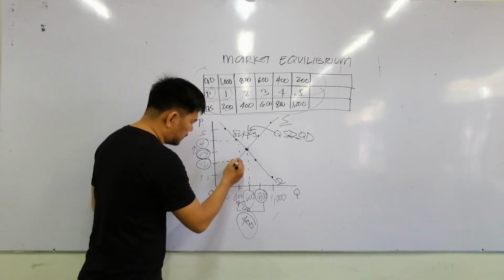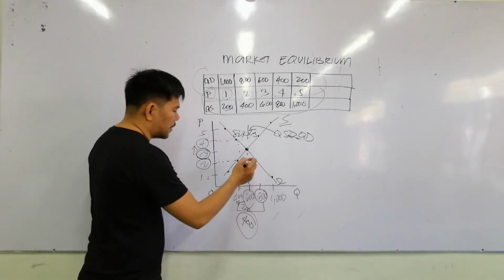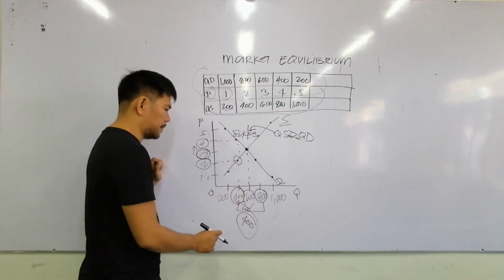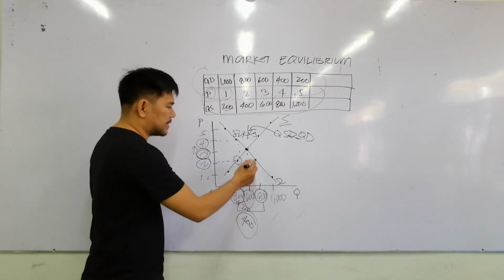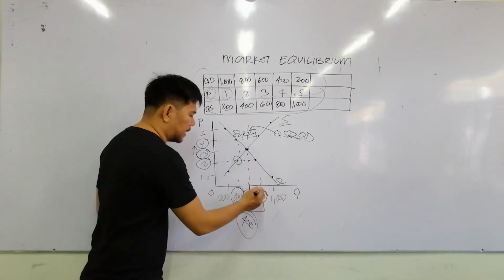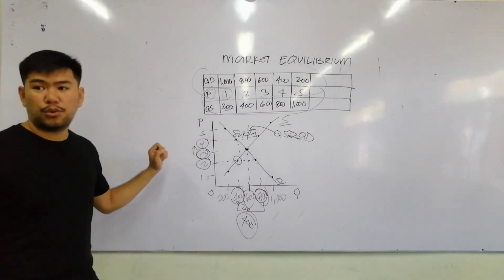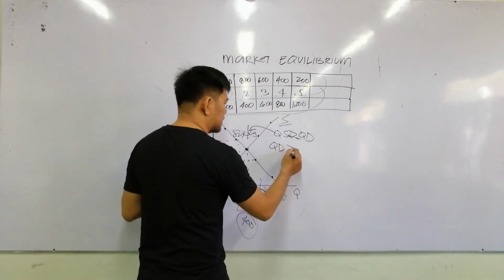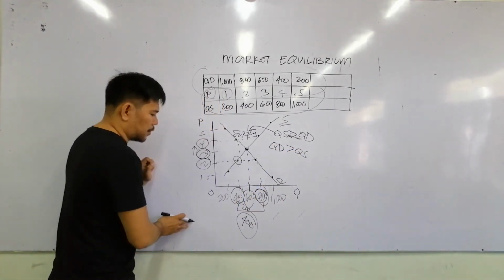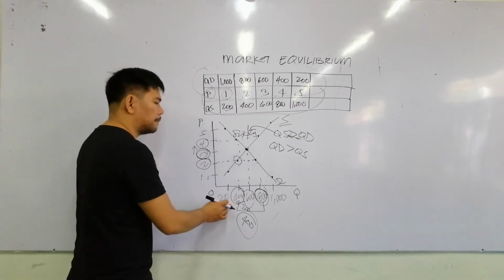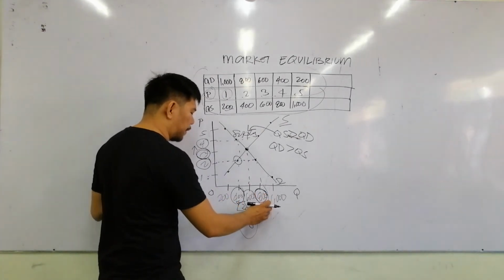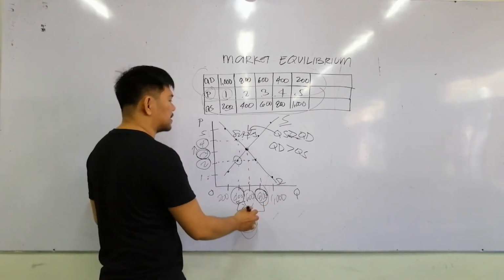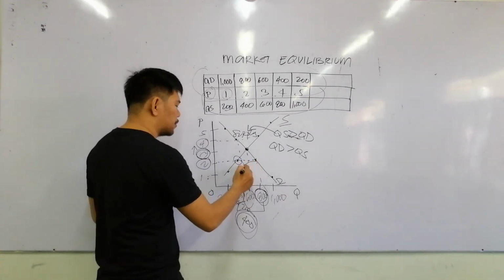The seller will only be willing to sell 400 units, whereas the buyers will consume 800 units when the price is only 2. In this case, quantity demanded is greater than QS. You only sell 400, but the consumers demand 800 units. So there's a gap again of 400, but this time it's not a surplus. It's a shortage.